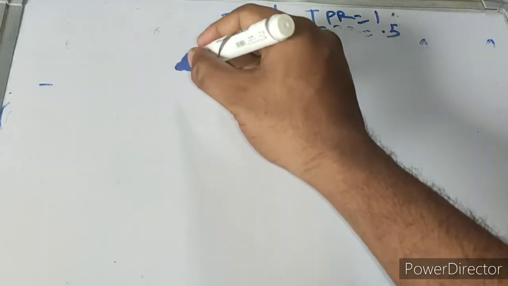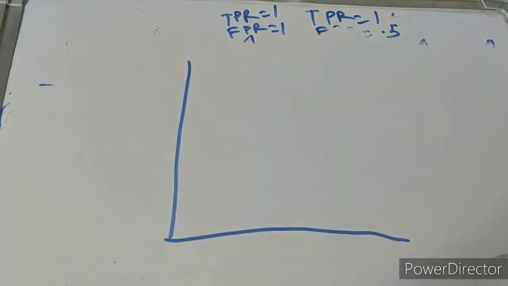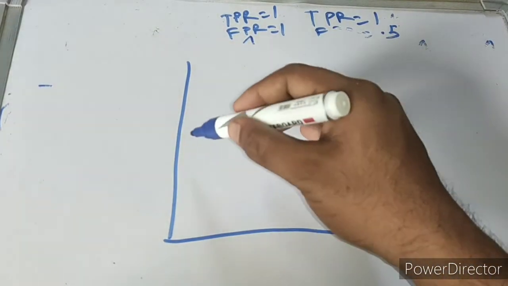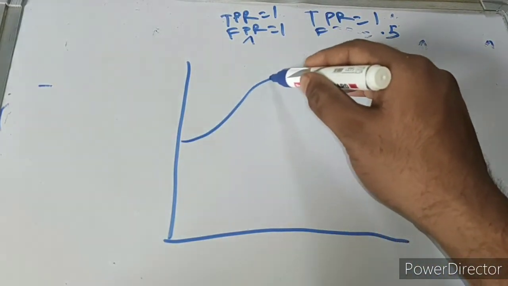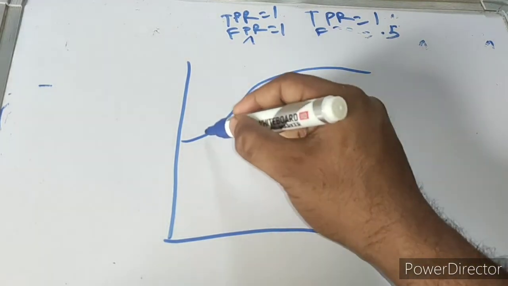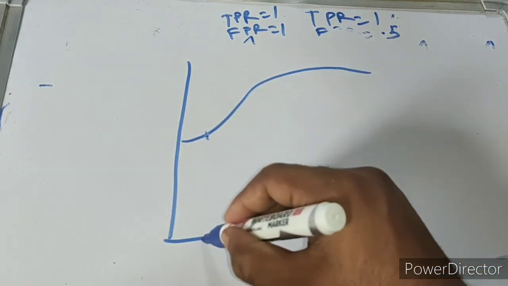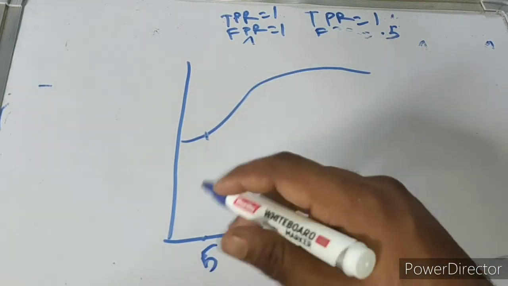Suppose there is a domain expert working in the healthcare industry who has to diagnose whether patients have diabetes or not. If we show the graph like this, they have to understand which threshold value to take. Suppose this is 0.2.